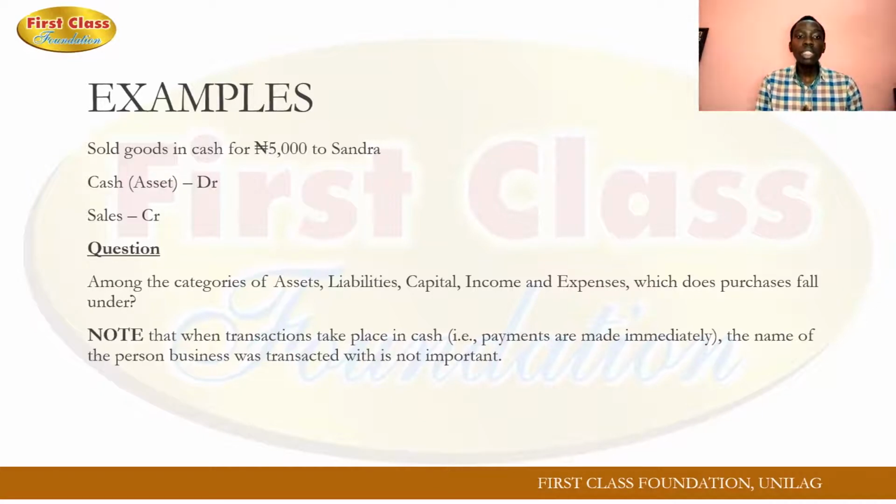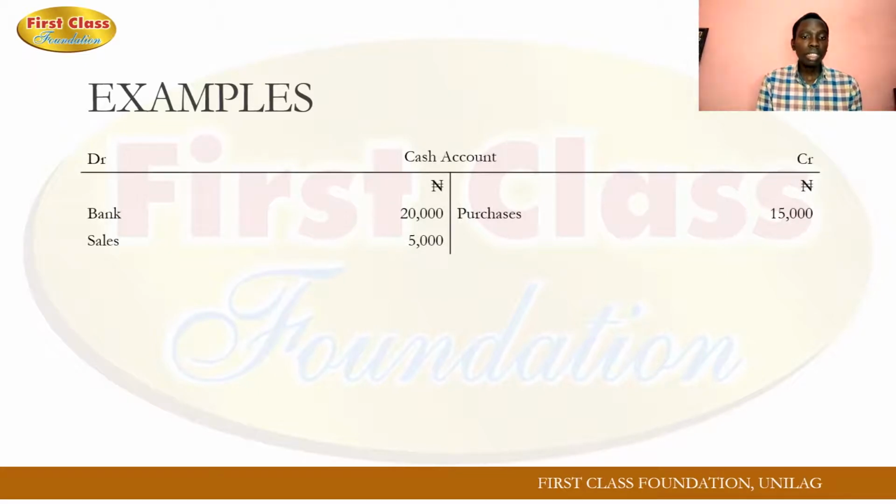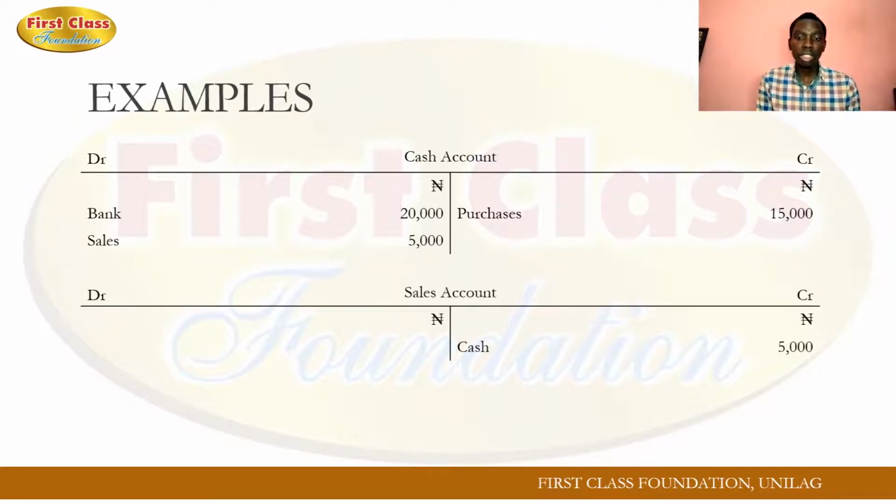The name of the person is only needed when there is a credit transaction, a credit sale or purchase, and we'll need to have a reference to that particular person in the case of settlement, so that we're able to keep track of that individual the business was transacted with. So our cash account experiences an increase, and that's why we are debiting it with sales of 5,000 and the sales account credited with 5,000.